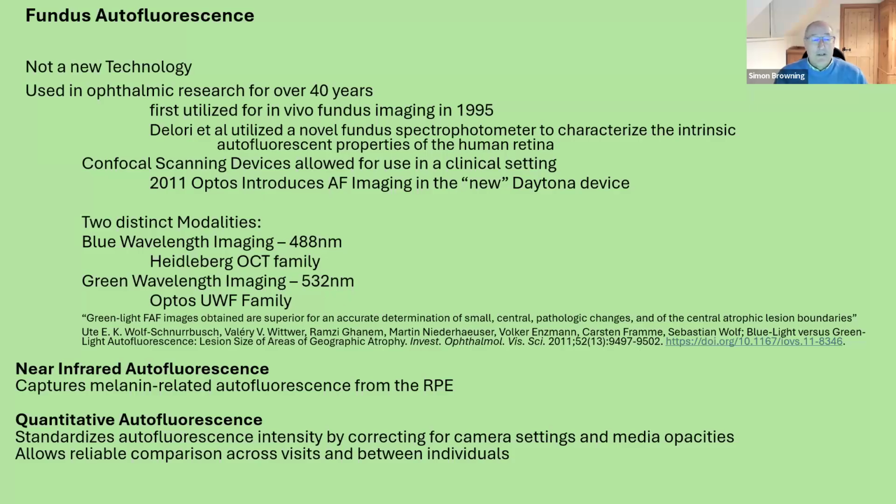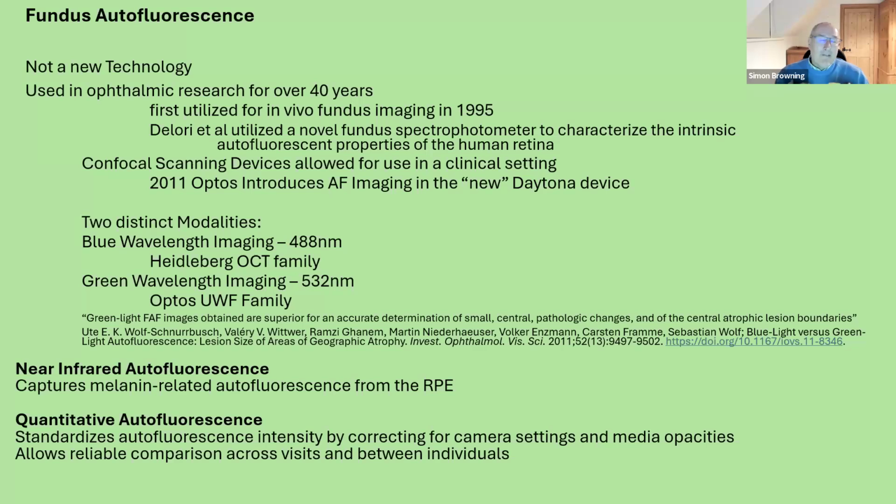If you went to anybody who's into the Optos family, they'll tell you the green wavelengths are better. Both are good, both achieve what we want them to achieve. It has been shown in quite a few published papers that the green light images are superior for accurate determination of small changes, central pathologic changes, and central atrophic lesion definition. So I will hold my hand up and say I'm a fan of the green wavelength, but you will see it in both.